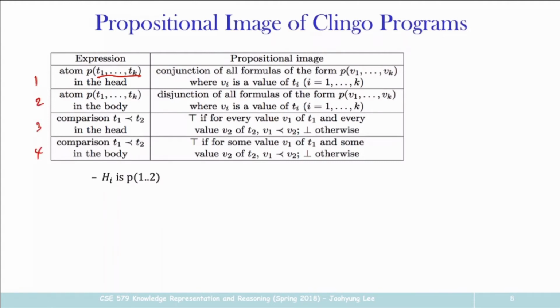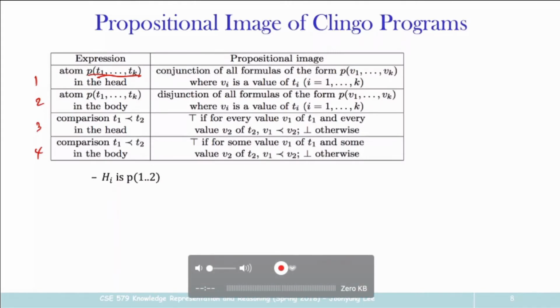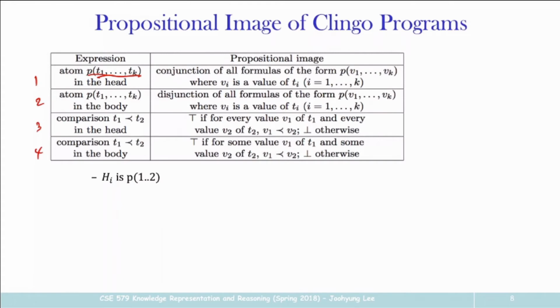It's 1, because it occurs in the head and it has the dot dot notation inside, so it's exactly like this. T1 is 1 and T2 is 2. Okay? Now in this case, it should be the conjunction of all formulas. So what should be the formula here then? P of 1 and P of 2. Yes, that's correct. P of 1 and P of 2. Good.